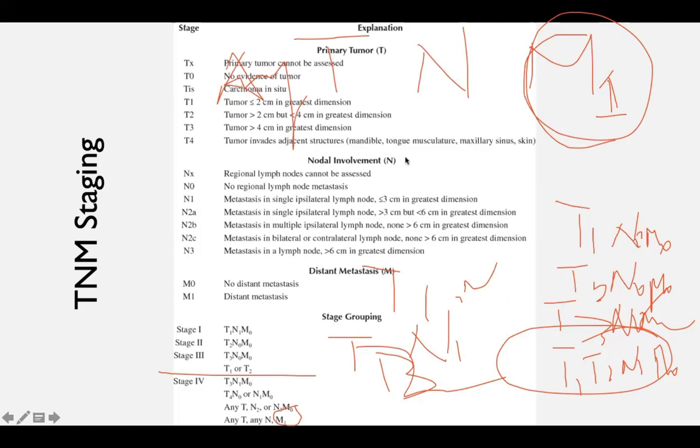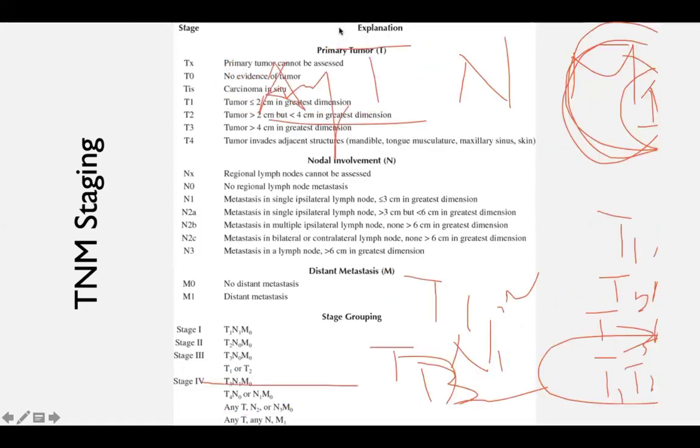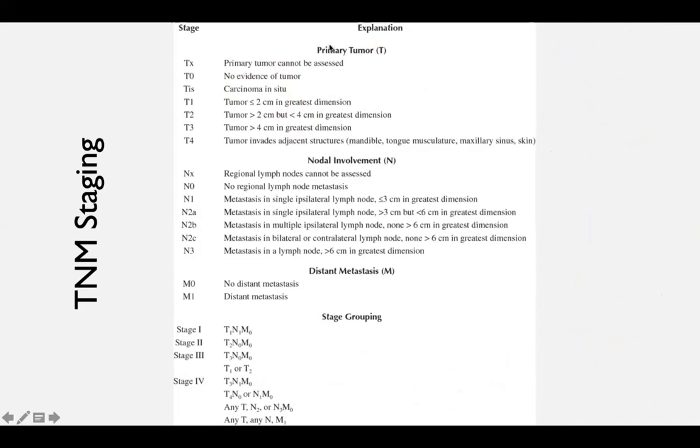If there is M1, this is the last and the poorest prognostic stage and the most horrible picture for that cancer. We don't take care of what is T or N. It's the last stage of cancer. So this is TNM staging with stage grouping for OSCC, oral squamous cell carcinoma.